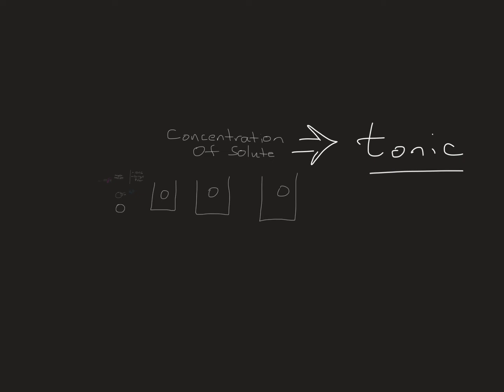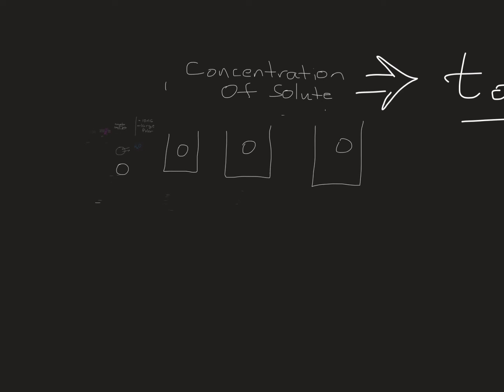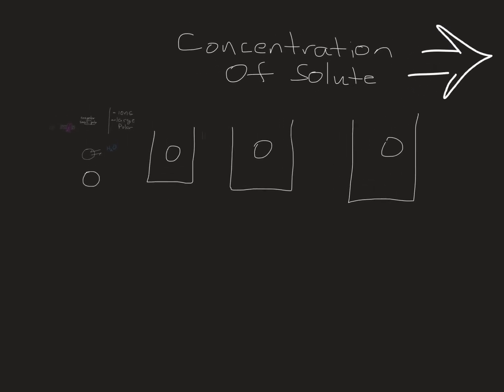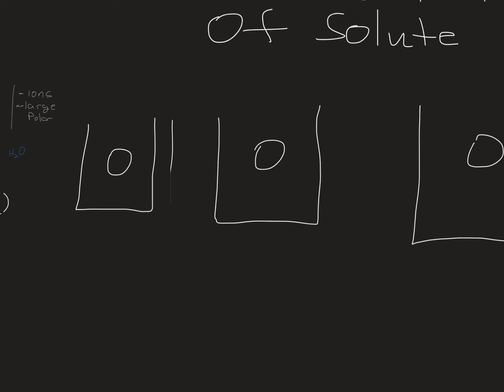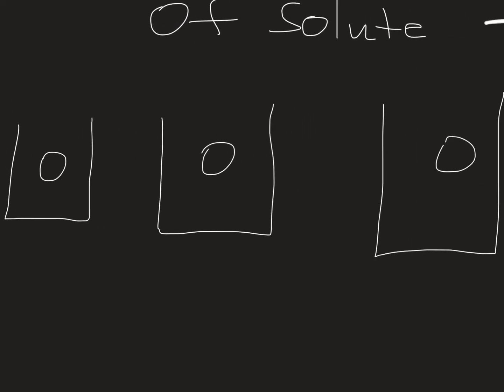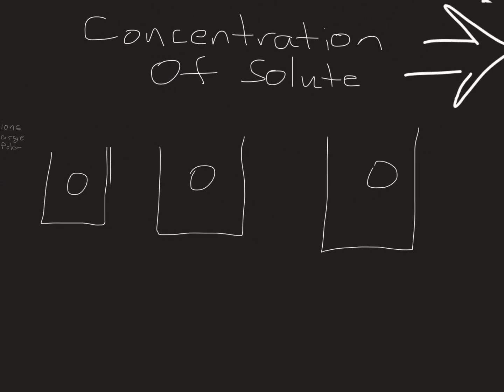Tonic. What are the three possible situations you can have when you're talking about a tonic solution? Three possible concentration differences. Yeah. Just give me one. When there's more solute outside of the cell than inside? So there's more solute outside the cell.